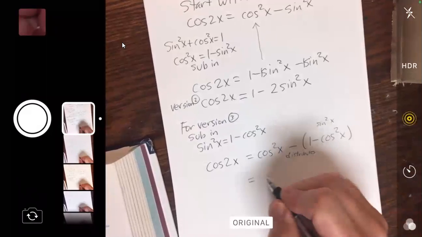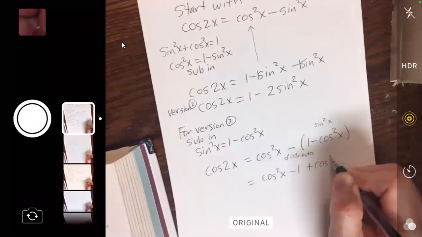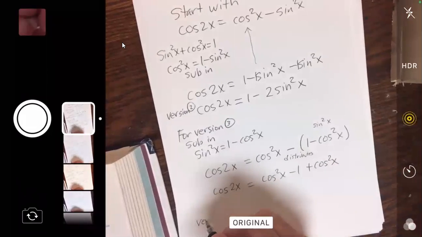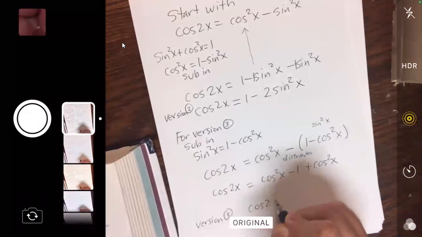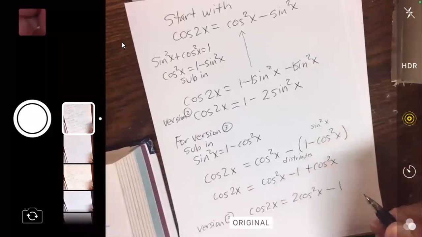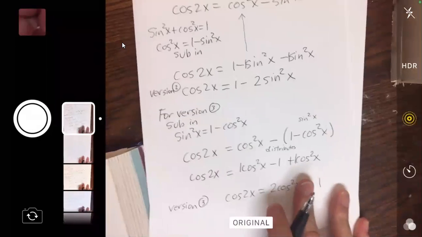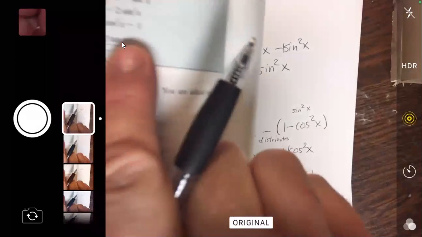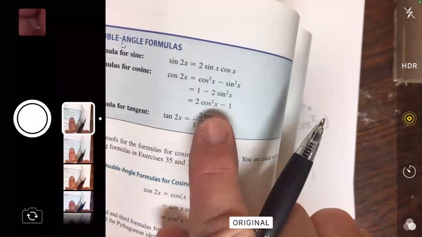The minus sign distributes. So you get cosine squared of x minus 1, add cosine squared of x. And finally, version 3. Cosine of 2x is then twice cosine squared of x, subtract 1. One of these plus one of these is 2 of them. So there's 3 versions of that that can be used.